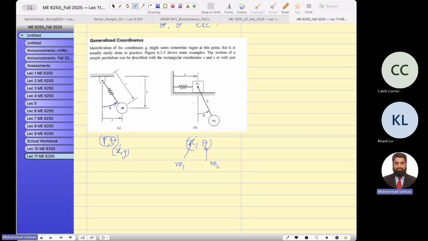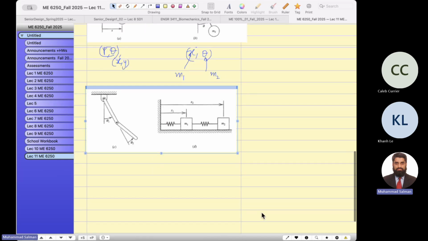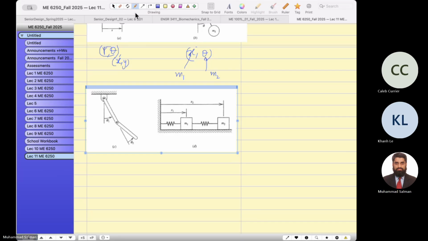Let me give you one more example that will explain what the generalized coordinates are. They are usually displacements or velocities. Here it has 2 degrees of freedom.